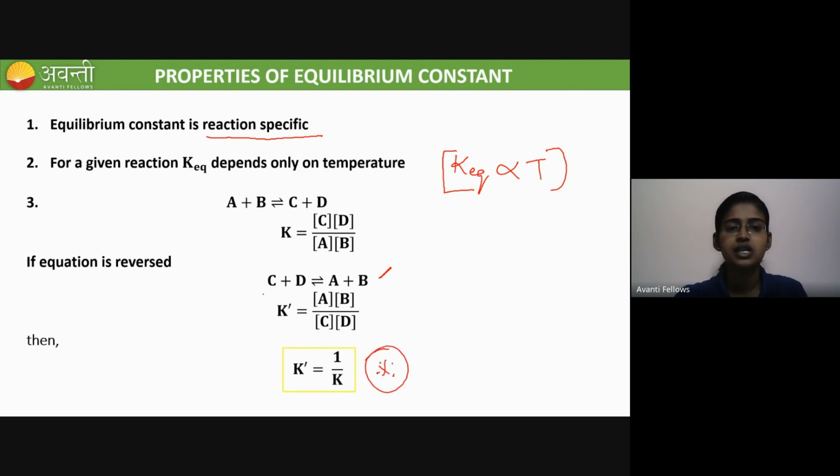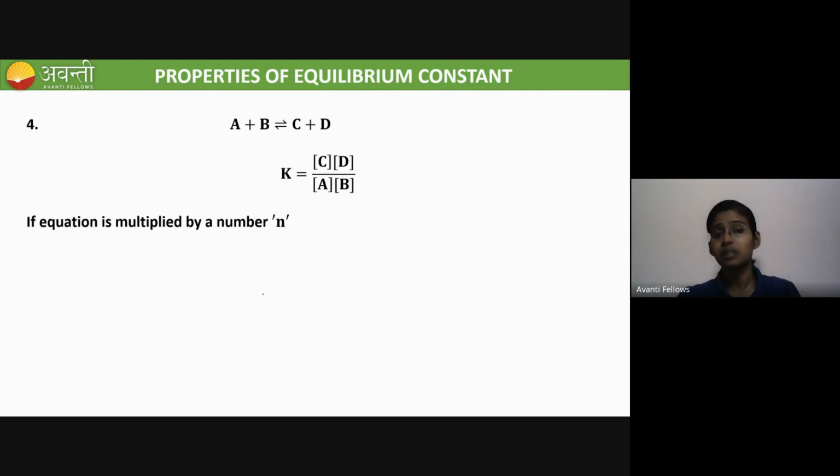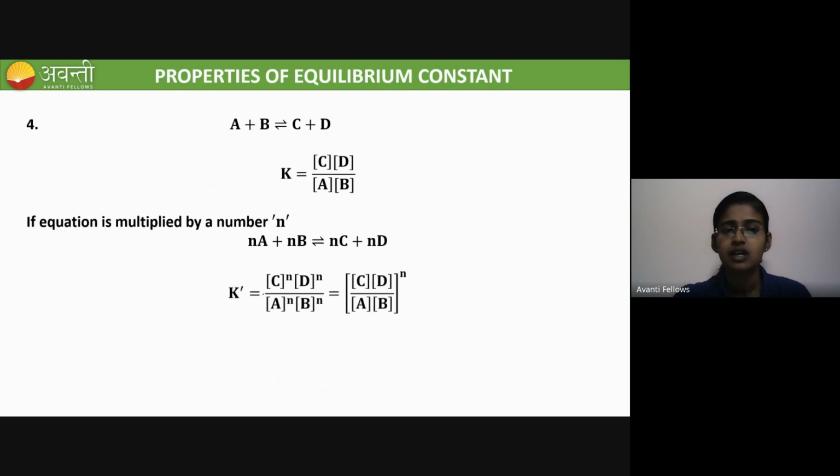Coming to the fourth property, for the same A plus B giving C plus D reaction, K is written like this. If the reaction is multiplied by the number n, like 2, then K dash will be the concentrations of product and reactant raised to the stoichiometric coefficient n.